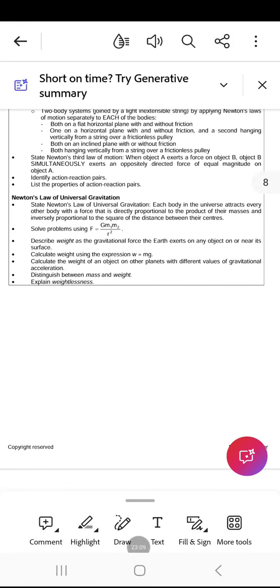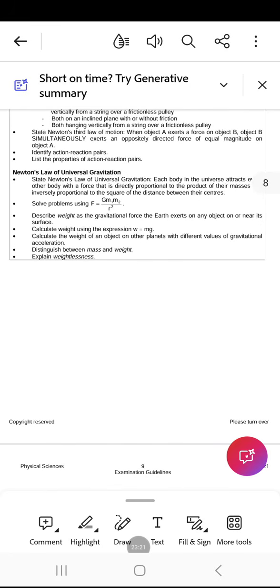These are the calculations, these different scenarios where you need to know how to apply Newton's second law of motion formula. Before we do the calculations, let's also cover the definition of Newton's third law of motion. I'm going to read it here.